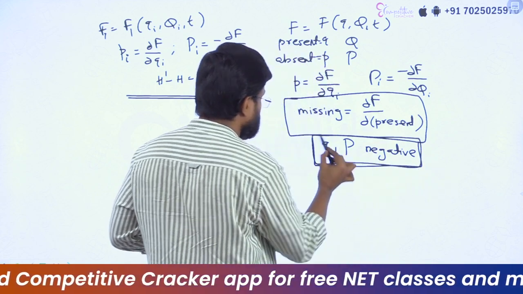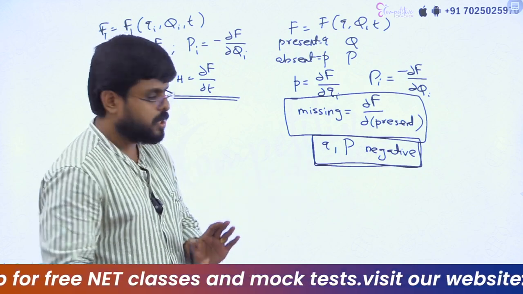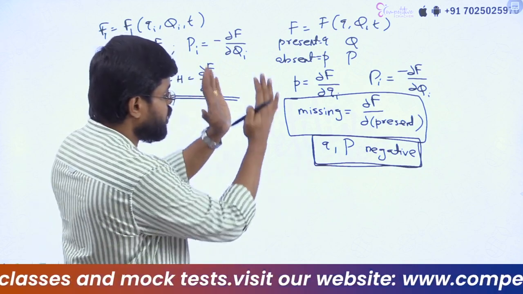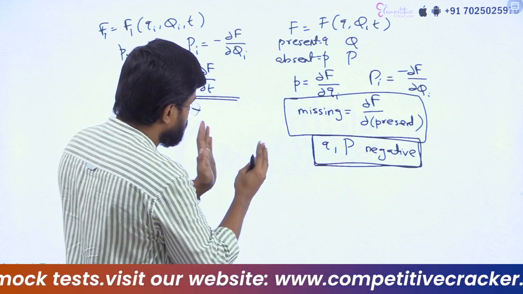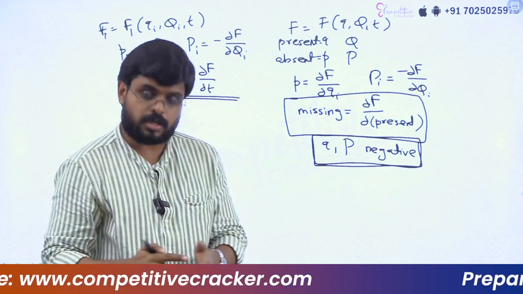Please study this trick. The missing term is equal to ∂F by ∂present, and small q and capital P are negative.